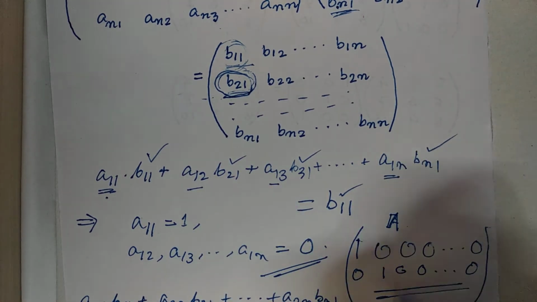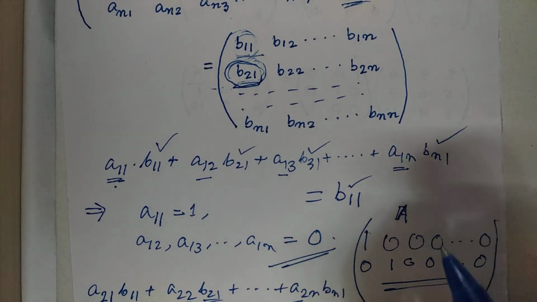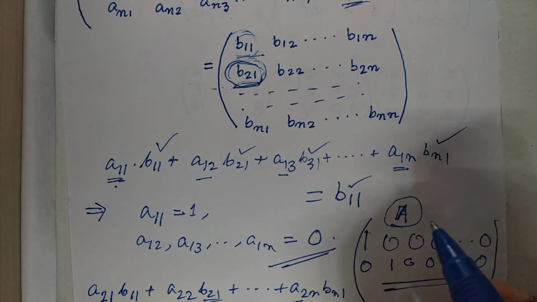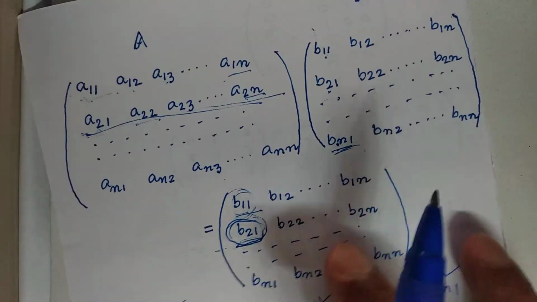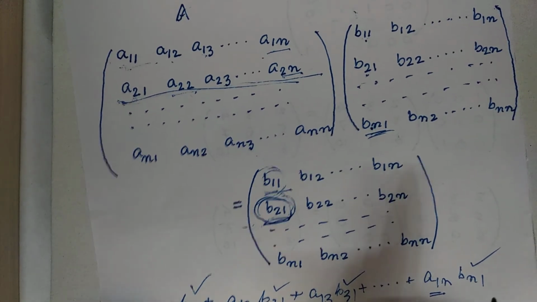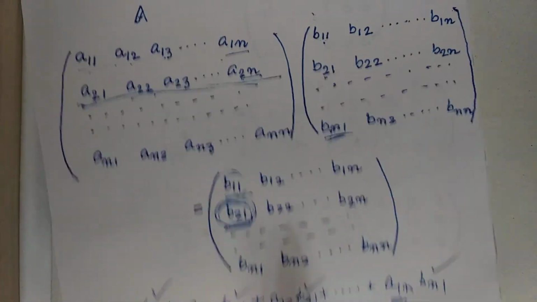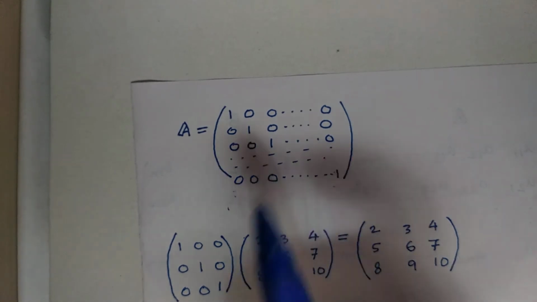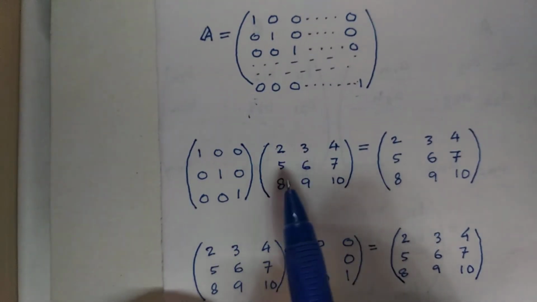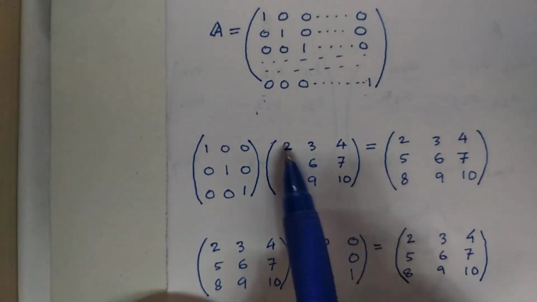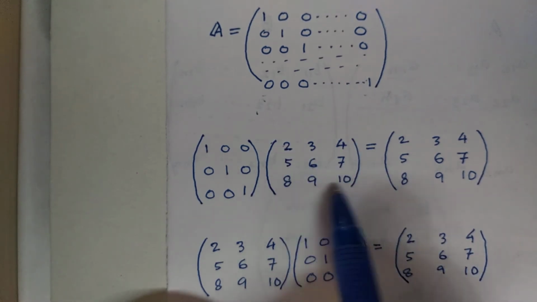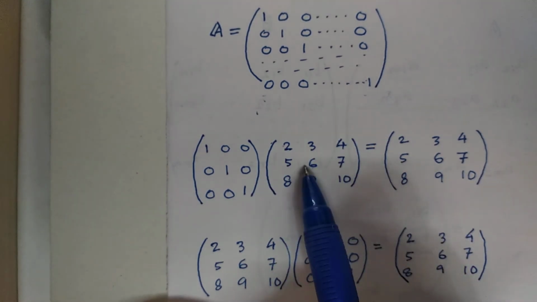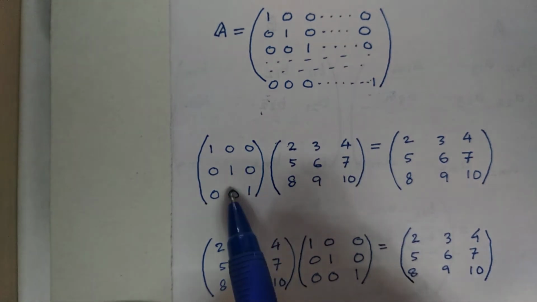In this way, we can fill up the entire space and build up the entire matrix A. And then A becomes a matrix like this. We can easily verify. Suppose this is an arbitrary matrix, 2, 3, 4, 5, 6, 7, 8, 9, 10, an arbitrary matrix. And A is written here, of size 3 by 3.